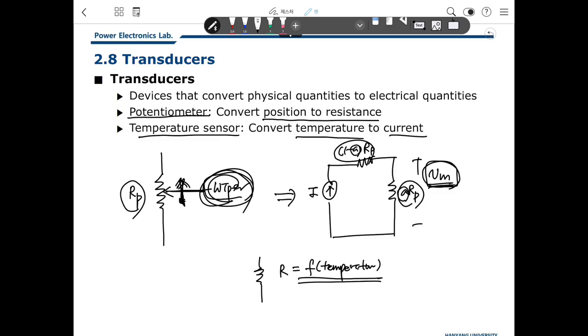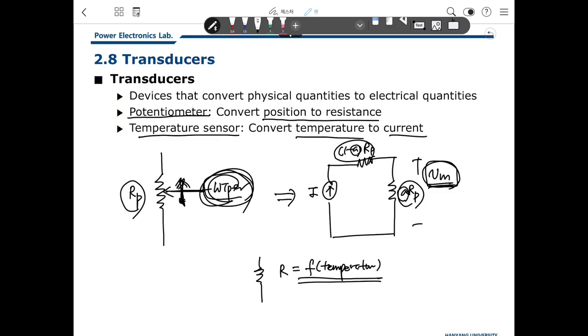That is a very small variation, but in some materials like platinum, the resistance variation according to the temperature variation is very severe. So when you use such a material, you can measure the resistance values.